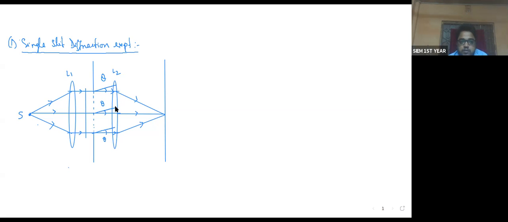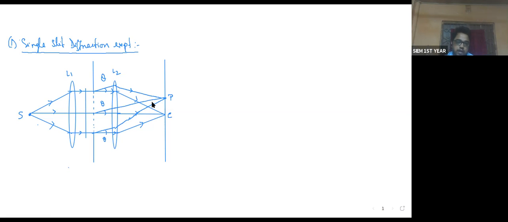and they meet at some another point, something about here. So say this is the central point, this is a point P, like that. So this is about the single slit diffraction experiment.